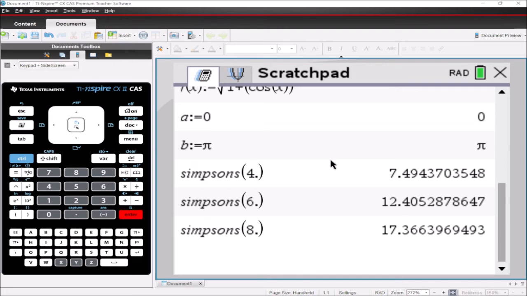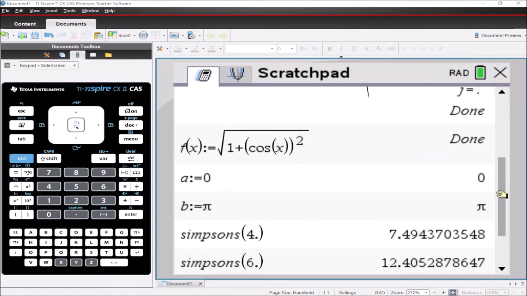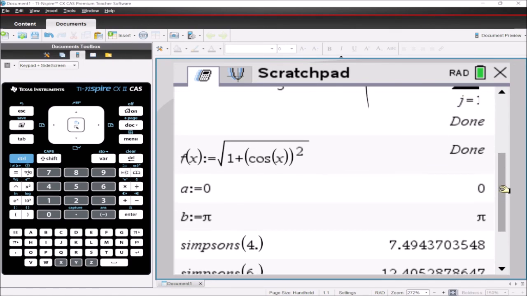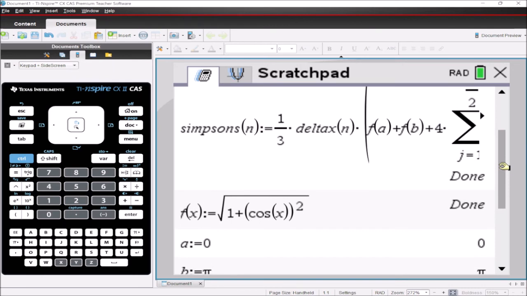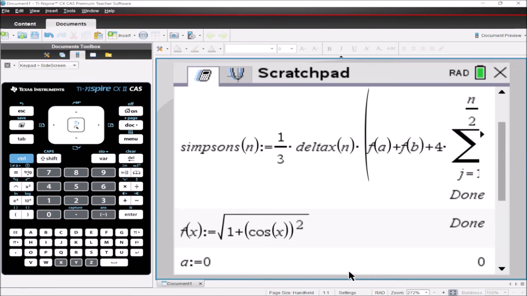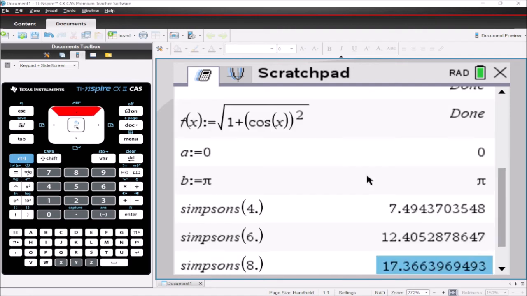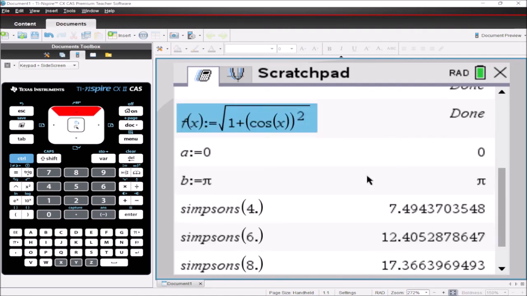Something is wrong. I just want to make sure that everything is defined properly.